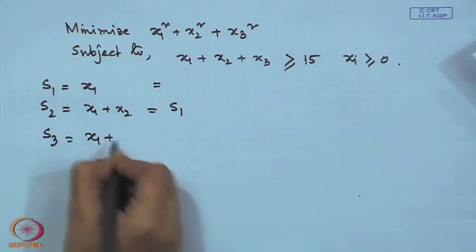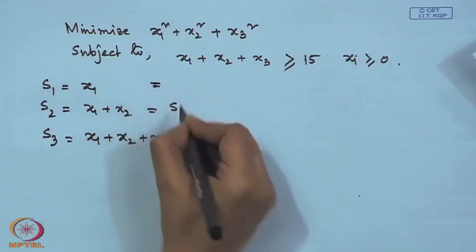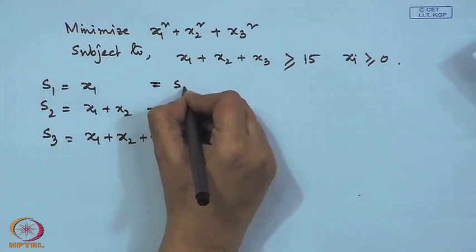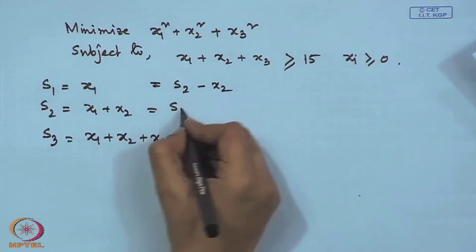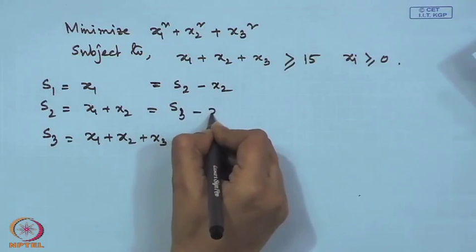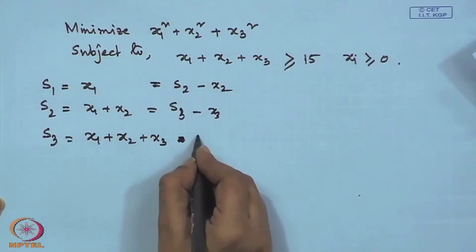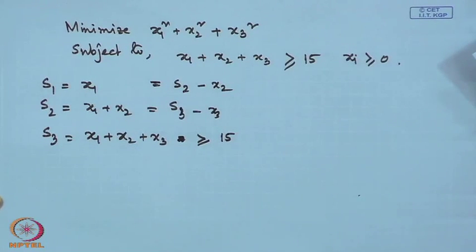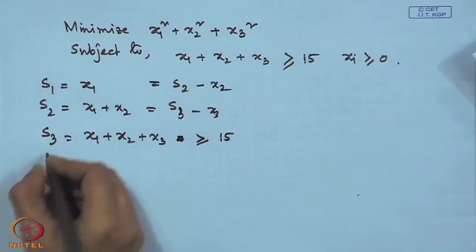We want to convert to one variable, that is why the values are coming here as S2 minus x2, am I right? Yeah. This is S3 minus x3, alright. Now, this is given from the constraint, this is greater than or equal to 15. Now, we have constructed the stages, the state variables, as well as the state transformation equation. Let us move to the problem.